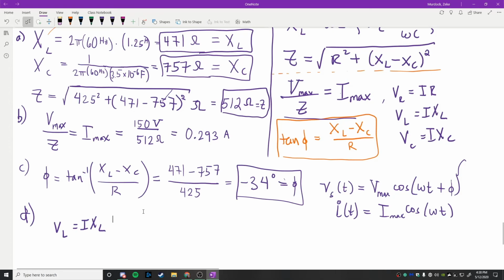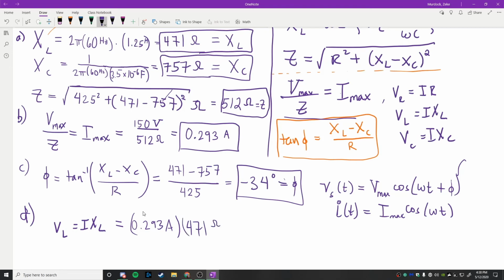Whoa, man, this program's getting real laggy. I wonder if I'm just running into RAM issues. So where's I? I is here. It's 0.293 multiplied by XL, which was 471. And out of this, we're going to get, it looks like, 138 volts.